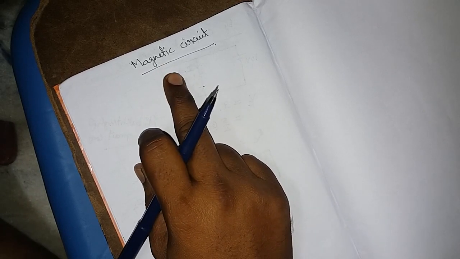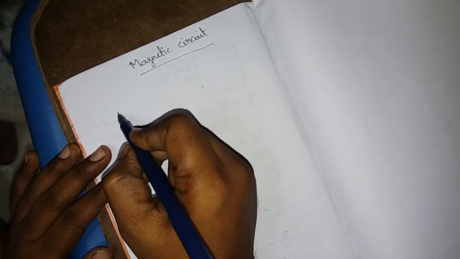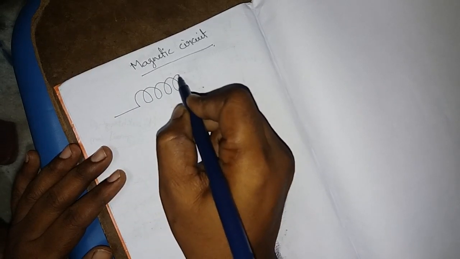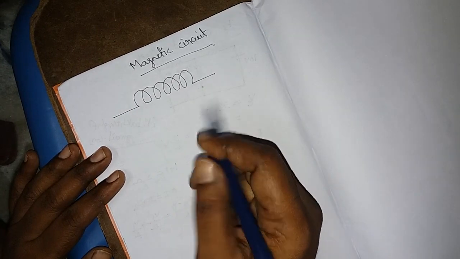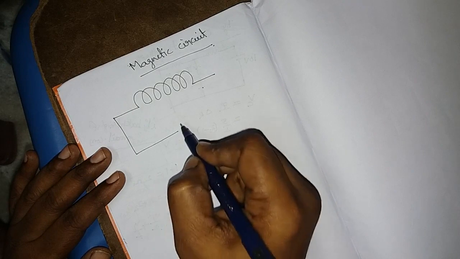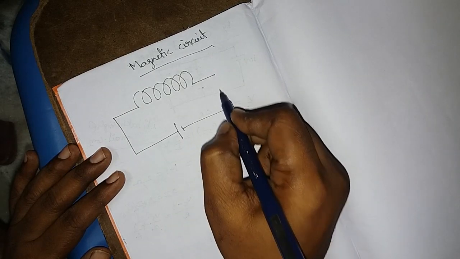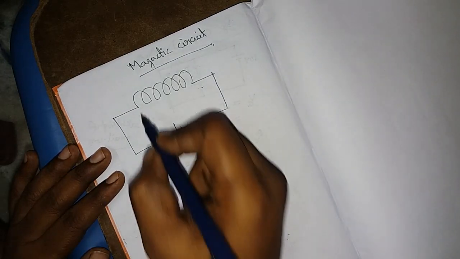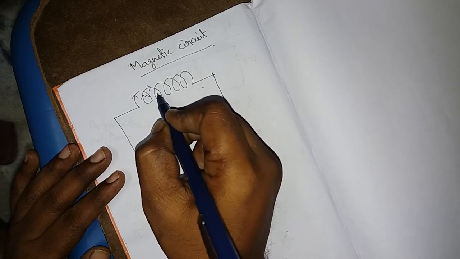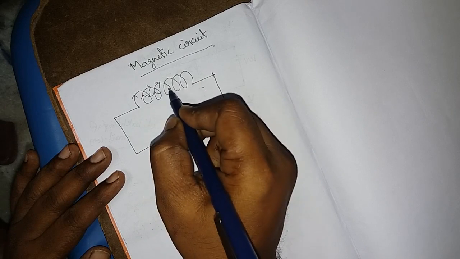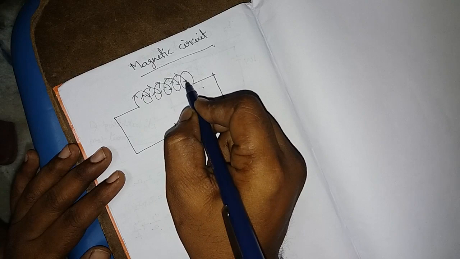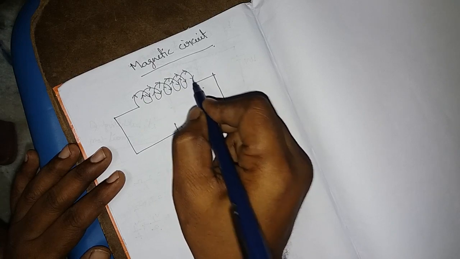Generally, if we take a coil, that is, an inductor, and apply some voltage to the coil, then the current has to be distributed like this. But generally the current never goes like this.